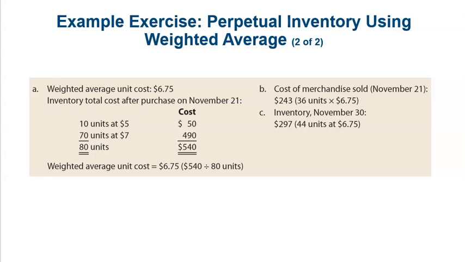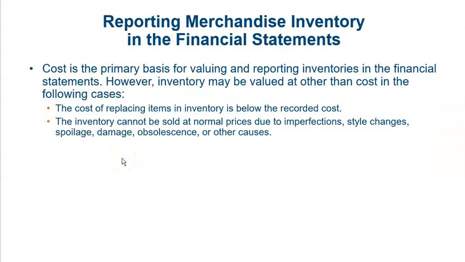Okay, so let's talk about how we're going to report this on the financial statements. Typically, we use cost. That means the original cost for valuing and reporting inventories on our financial statements. However, sometimes we use something other than cost in these situations. So if the cost of replacing the item in inventory is below our recorded cost, then we would use a different amount.